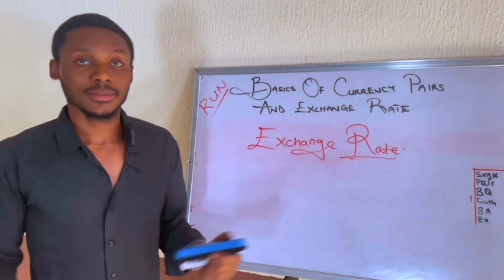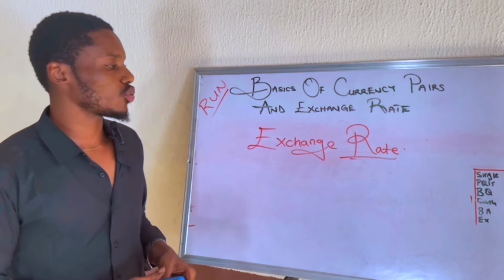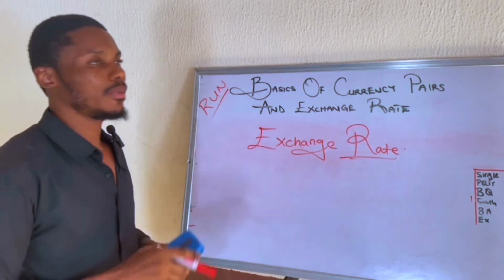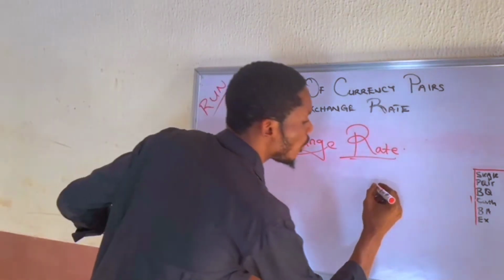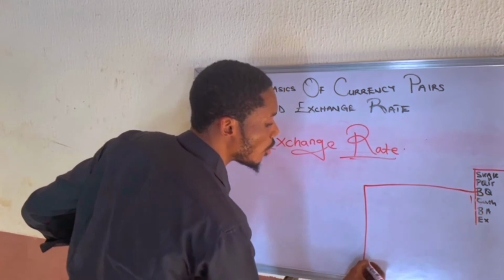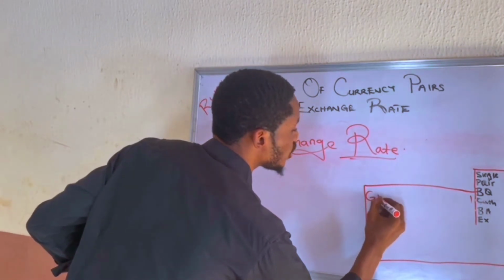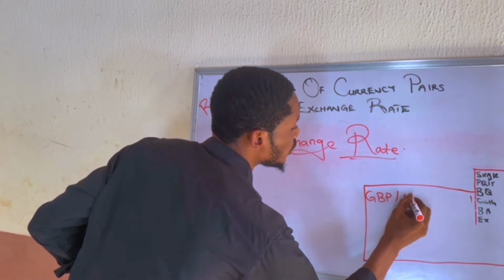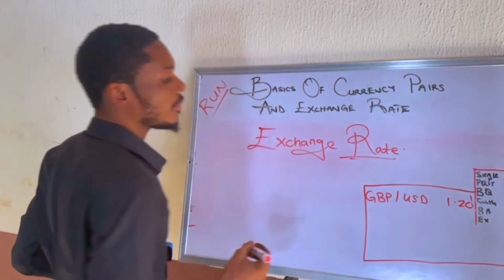So typically, as a trader, you already know we make money from value fluctuation. So whenever you go to the bank, this is a common scenario. There is a box in the bank, something like this. You find a box in the bank and you see currency pairs. You might see GBP/USD. Now you see a number here.